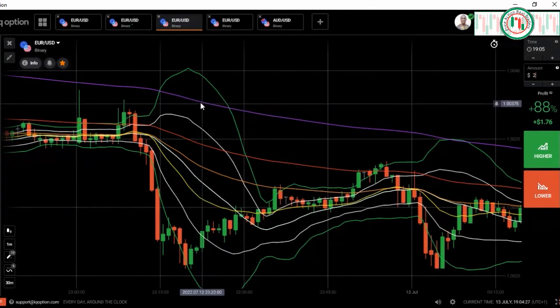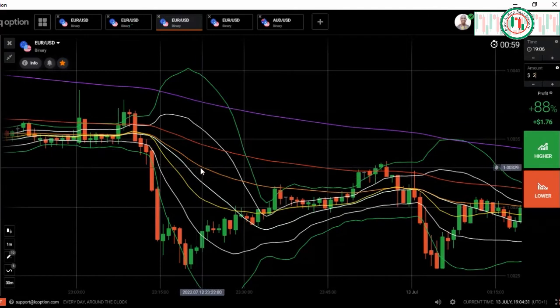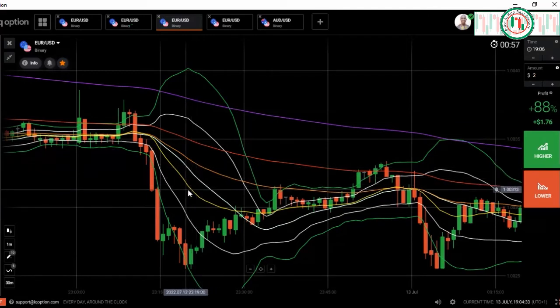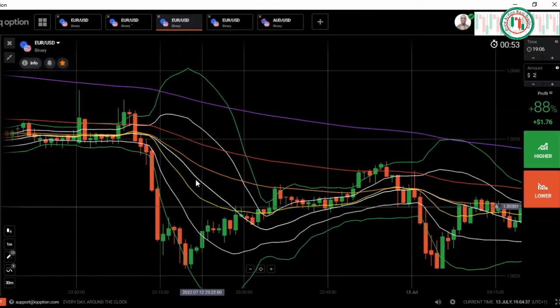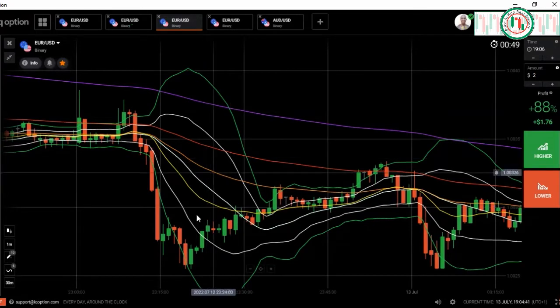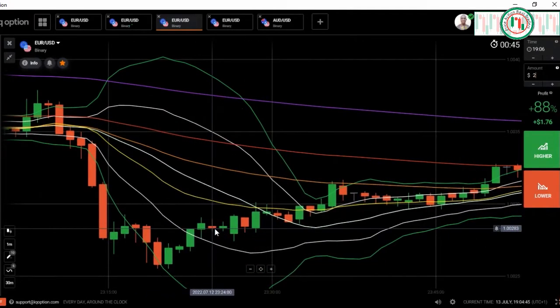You see 200, 100, 50 and 20, and price is below all the EMAs. So in this situation, it's easy to trade engulfing zone.